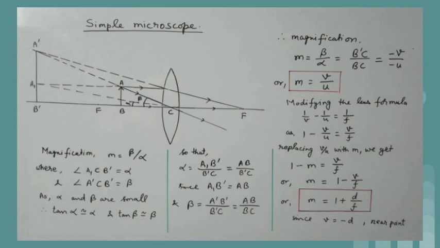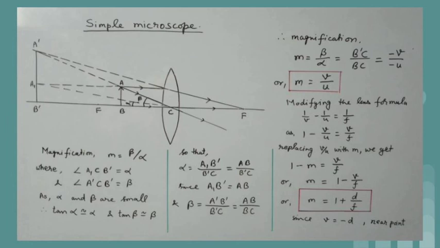Now magnification, m is equal to beta by alpha, and substituting values of alpha and beta, we get m is equal to B'C by BC, so that m is equal to minus v by minus u, or m is equal to v by u.